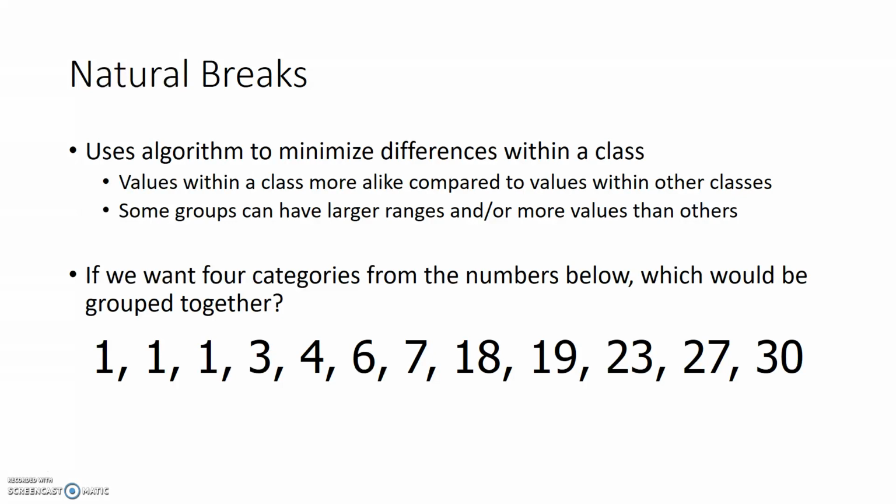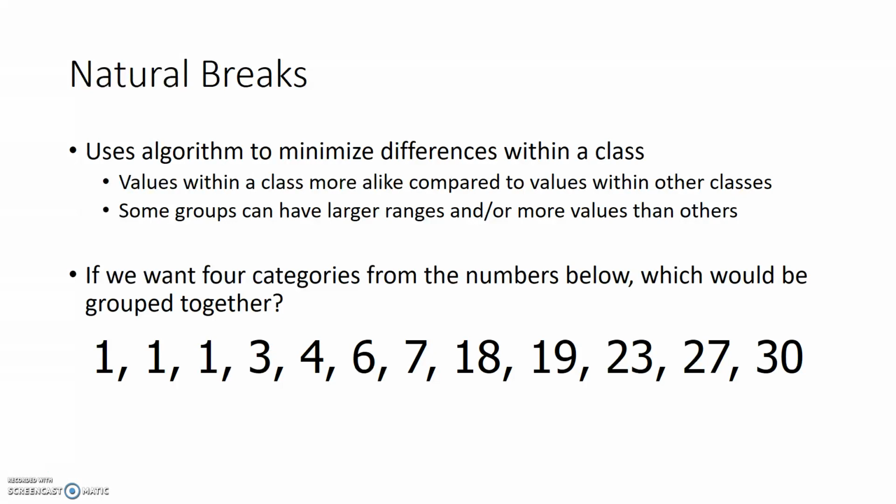So it tries to make all the numbers within one grouping as much alike as possible, while making the groups themselves as different from one another as possible. So it's a little more complex than these first two. You don't need to know all the details of how it's done, but know that you want the values within one group to be more alike than they are with another group's values.